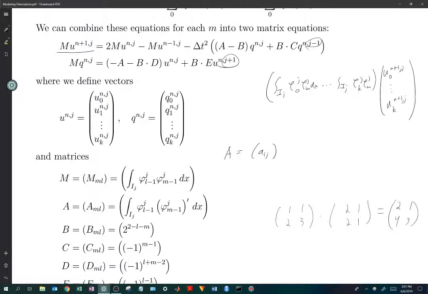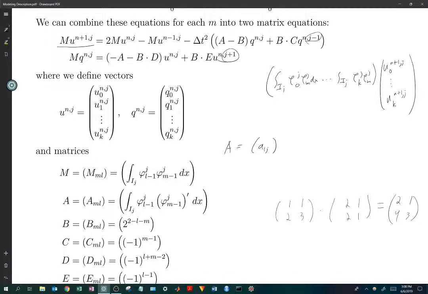Okay. So now we have these two matrix equations for every single j, but we want to solve these for all the u^{n+1}_j's simultaneously, because like you can see here, for example, just look at the second equation.